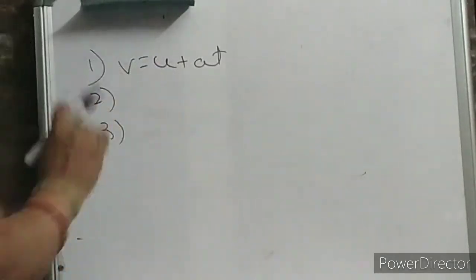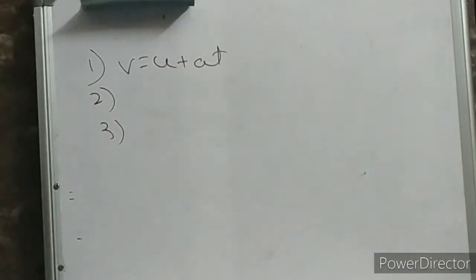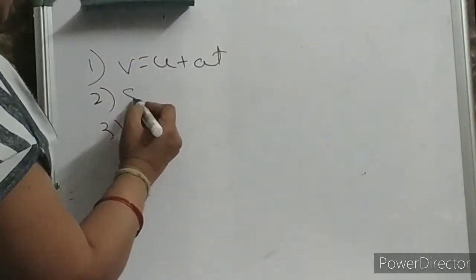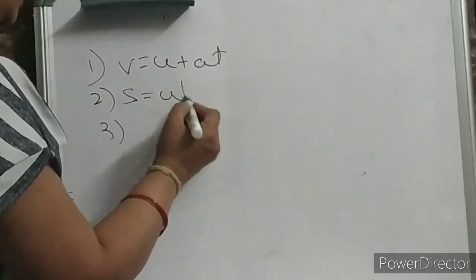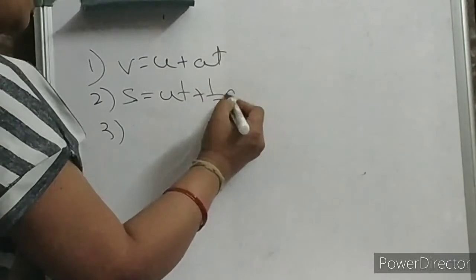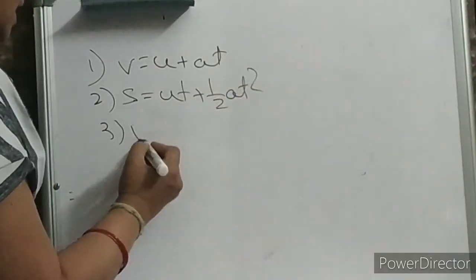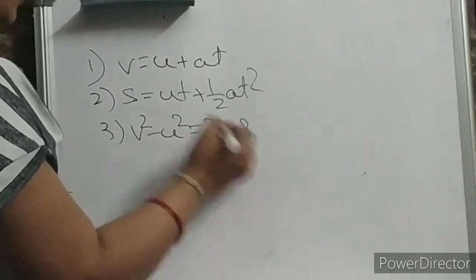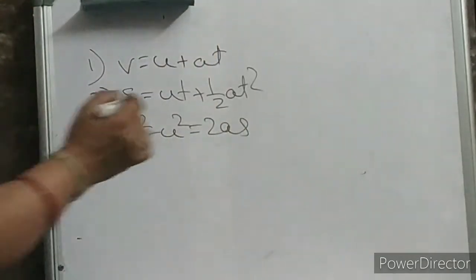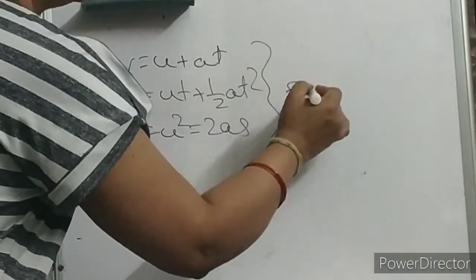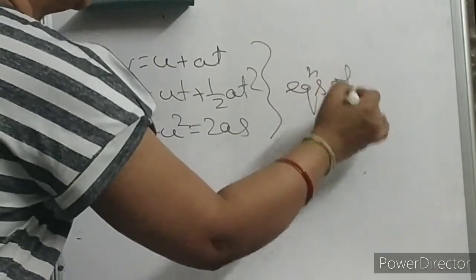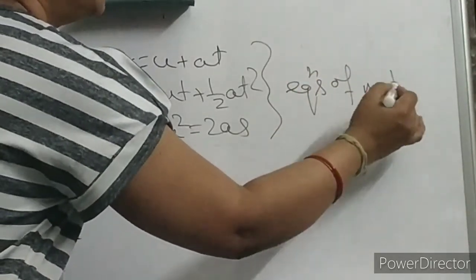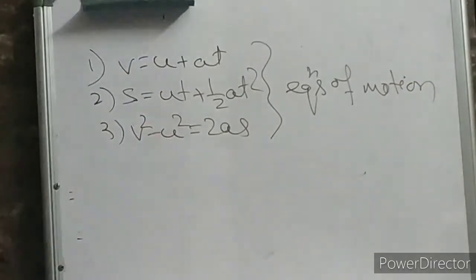The first equation is V is equal to U plus AT. Second equation is S is equal to UT plus half AT square, and third is V square minus U square is equal to 2AS. These are the three equations of motion. Which type of motion? Uniformly accelerated motion.